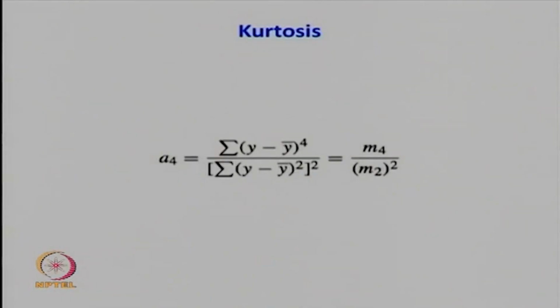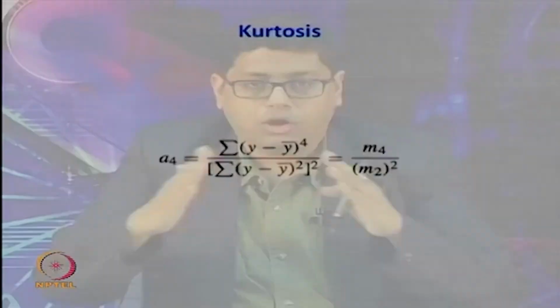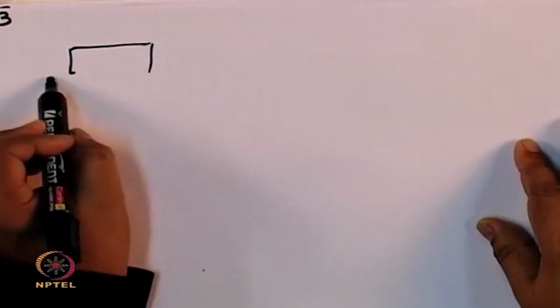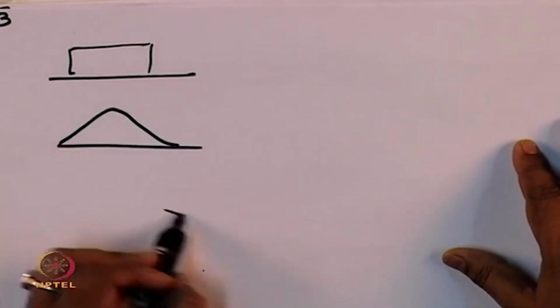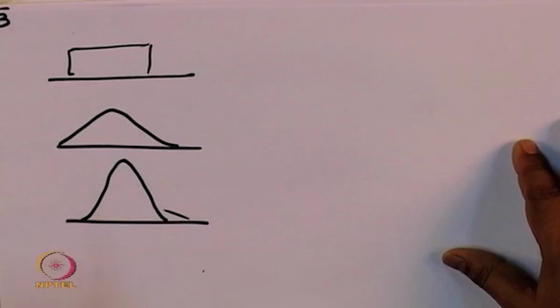There is another metric for characterizing a distribution which we call kurtosis. Kurtosis is a way of measuring the peakedness of a curve, or how flat or how sharp the curve is. So, I can have two curves, let us say this is one situation, this is another situation, this is another situation.